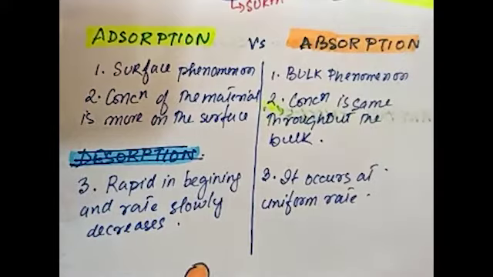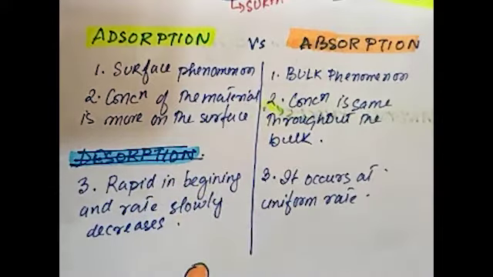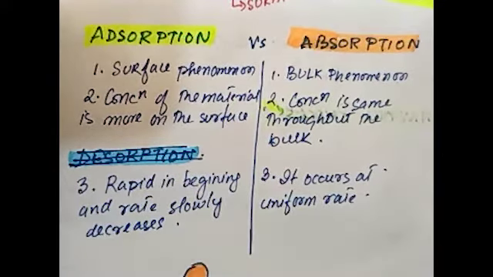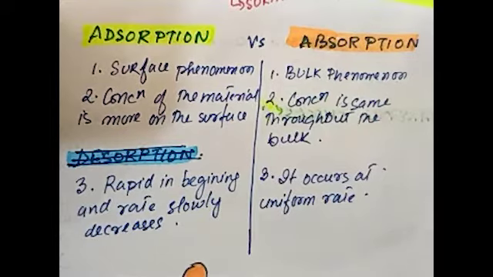So absorption takes place uniformly, while adsorption takes place fast in the beginning but slowly the process goes down. Okay, so this is our adsorption versus absorption. If there is any confusion, anything that you need to ask?